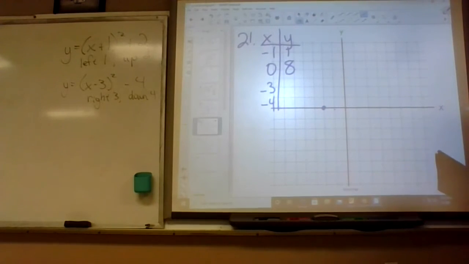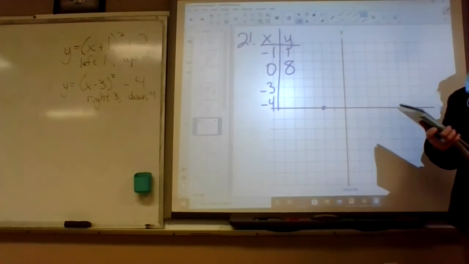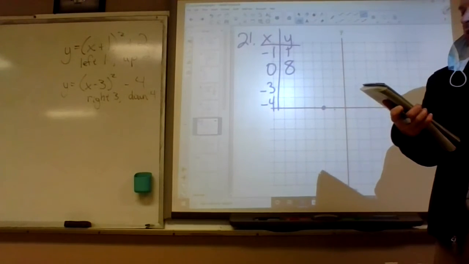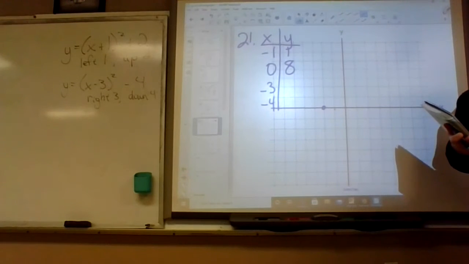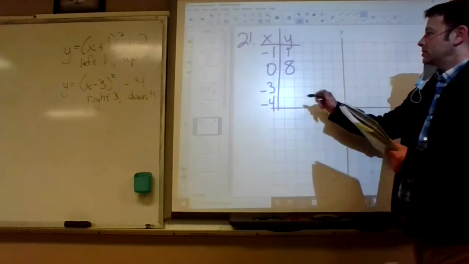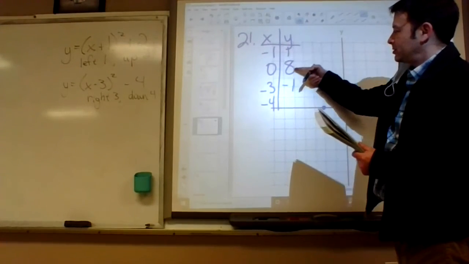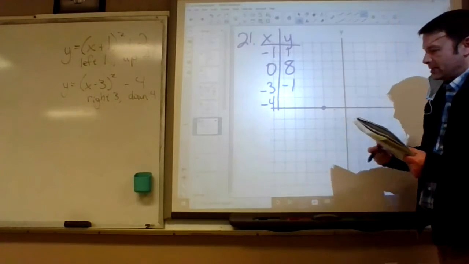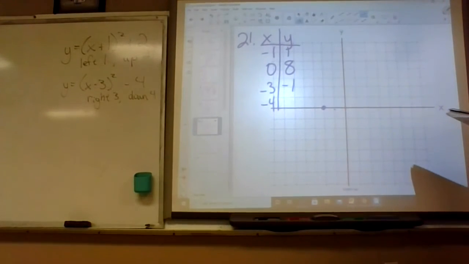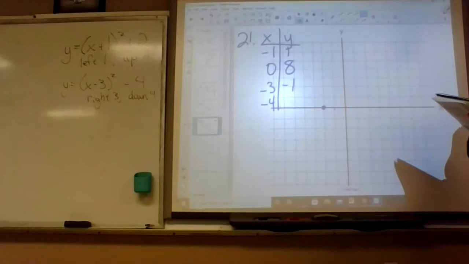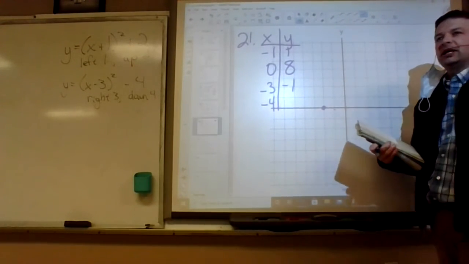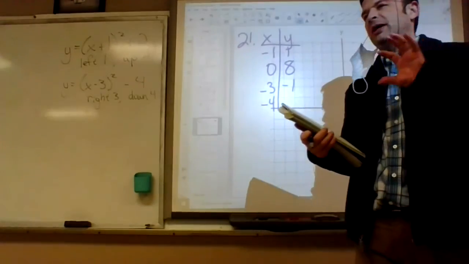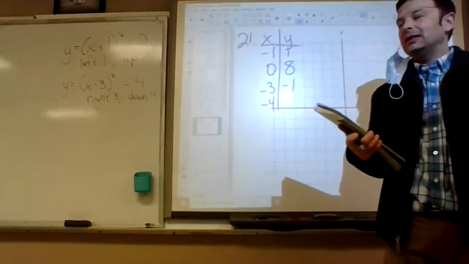If I plug in -3, -3 plus 2 is -1, and -1 cubed is just -1. They're not symmetrical, but they are related. If I plug in -4, -4 plus 2 is -2, and -2 cubed is -8.